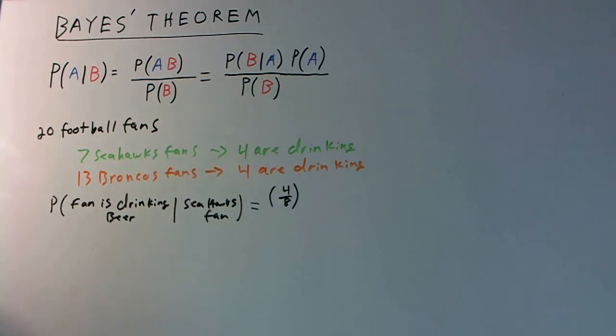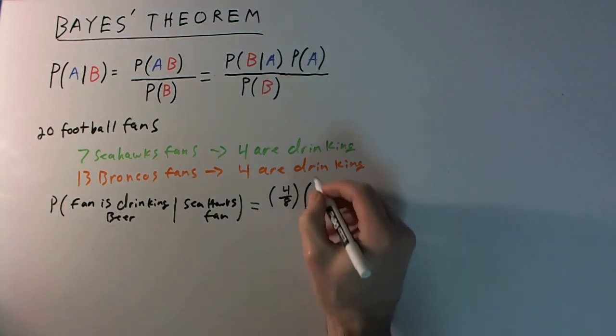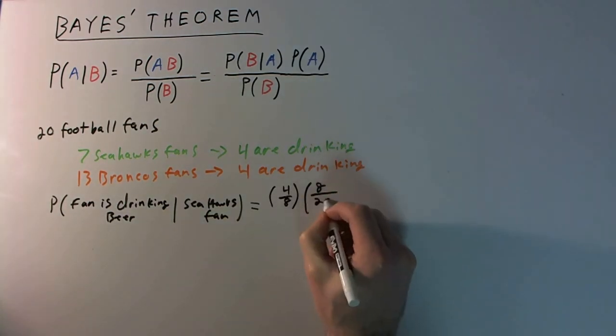Just A. So what's the probability that a fan is drinking beer? So we know that there are a total of, well, how many fans are drinking beer, irrelevant of the fact that they're a Seahawks fan or a Broncos fan. Well, there are 8 total, right? 4 plus 4 is 8, divided by the total football fans of 20, so that's going to be 8 over 20, right?